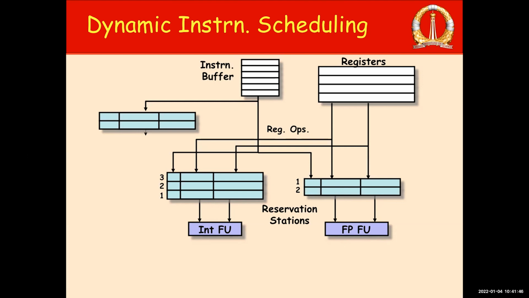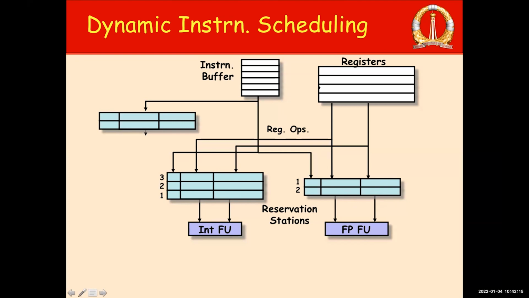Whereas the multiply instruction, which is pushed into this reservation station over here, may have both of its operands available because both of its registers were already written by some previous instructions which have already completed their execution. Therefore, those register values can be read and put into the reservation station, and those can be marked as ready. That is, when you are dispatching the instruction, you check the register file.